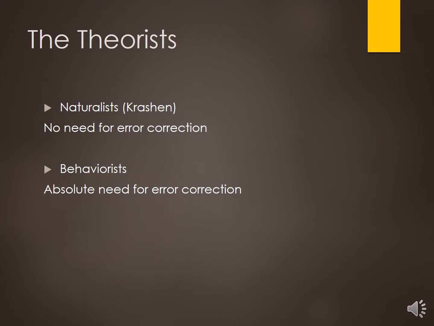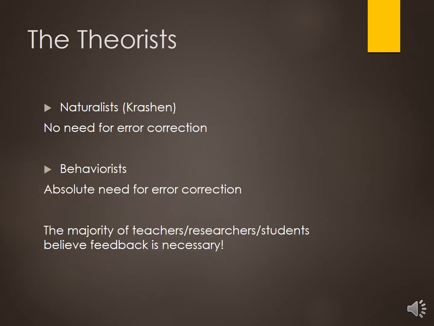They feel there's an absolute need for error correction, and that it's all about the mechanics of things. The majority of teachers, researchers and students believe that feedback is necessary as part of the process. I think it's a little bit of both, really. It is absolutely important to teach the fundamentals and give feedback, but there's also a natural progression that's going to lead to fluency.